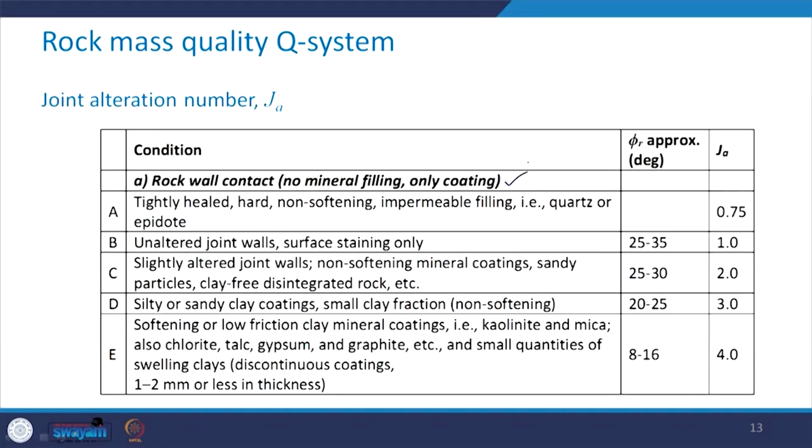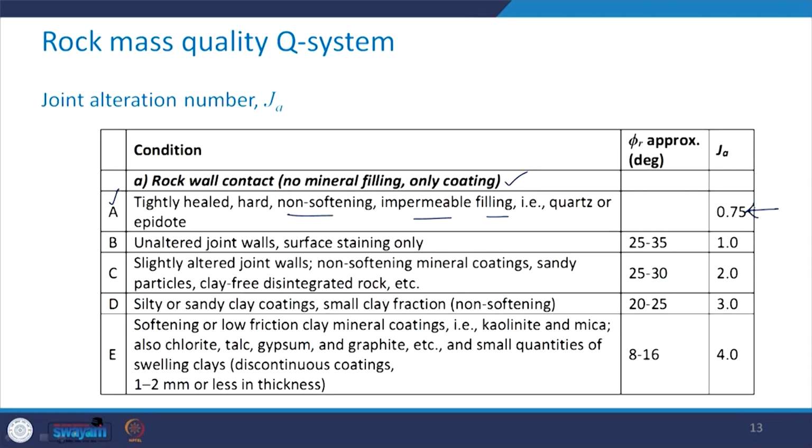The first category or first condition of the rock wall includes rock walls in contact with each other, with no mineral filling and only coating possibly present. If you have a class A, which is a tightly healed, hard, non-softening, impermeable filling, that is quartz or epidote, then this Ja is assigned as 0.75.